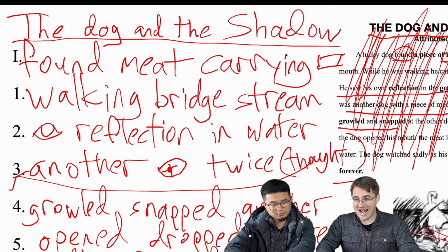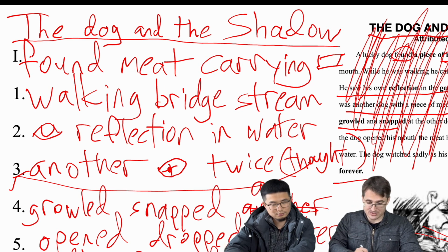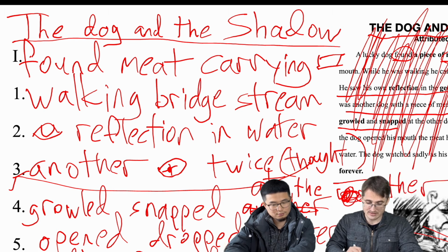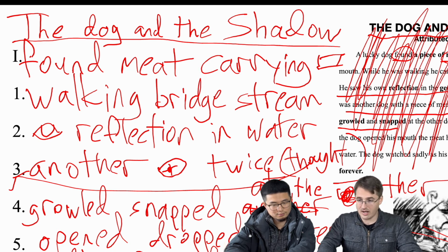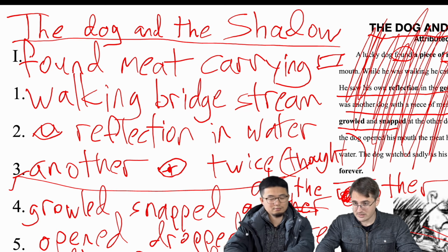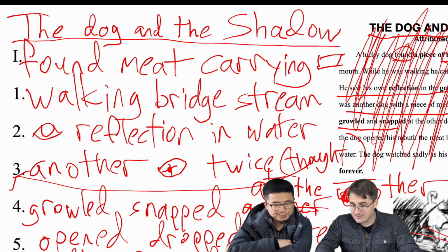So he growled and snapped at the other, whoops, not another, at the other. You can write this as one word. Grammar's for free. He growled and snapped at the other dog, trying to get the meat.